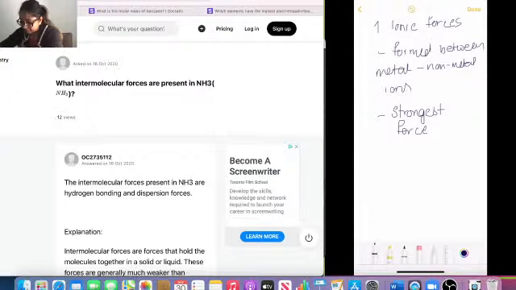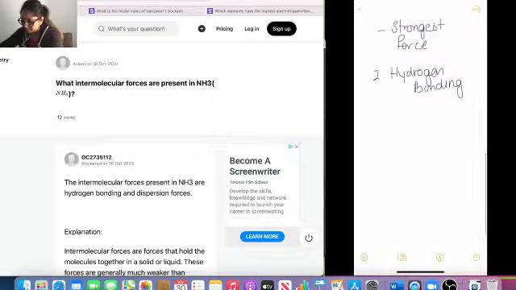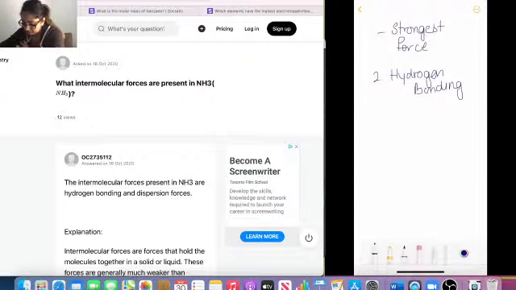And so the next one you have is hydrogen bonding. Okay, and so your hydrogen bonding occurs in molecules containing highly electronegative elements like your fluorine, nitrogen, and oxygen.